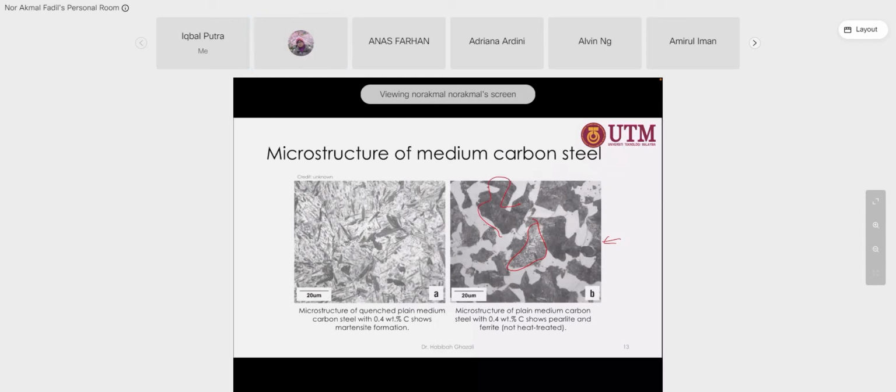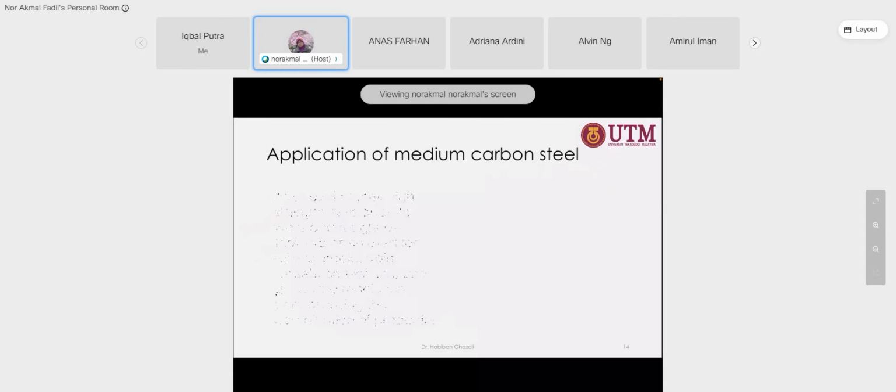Okay, the area of pearlite is quite wide. And this is ferrite. Okay, the dark one is pearlite. So now, after quenching, you can see martensite. The needle-like structure, the sharp ones, that is martensite.